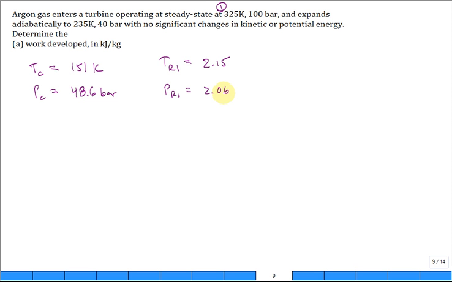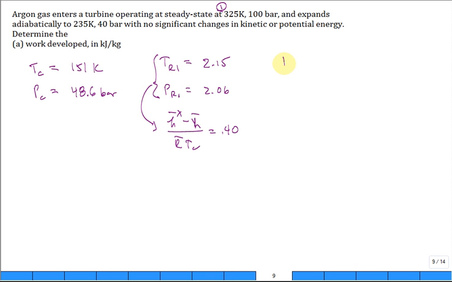You go off to the chart looking at that value of TR and PR, and you get, maybe I should draw it like this, the correction factor H bar asterisk minus H bar divided by R bar TC is around 0.4. That's where you're really going to get your big error, reading that chart.